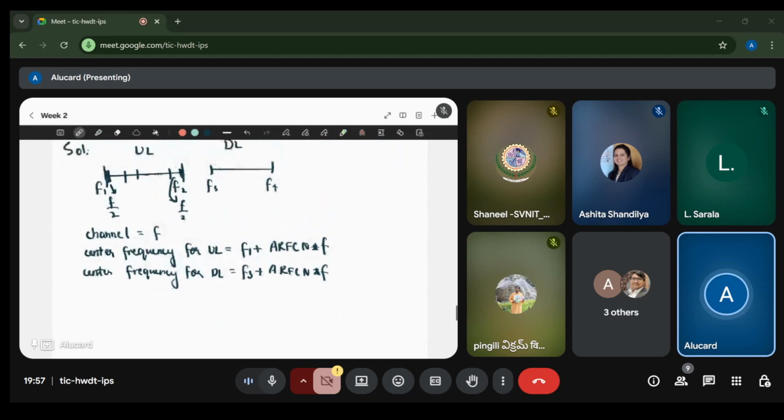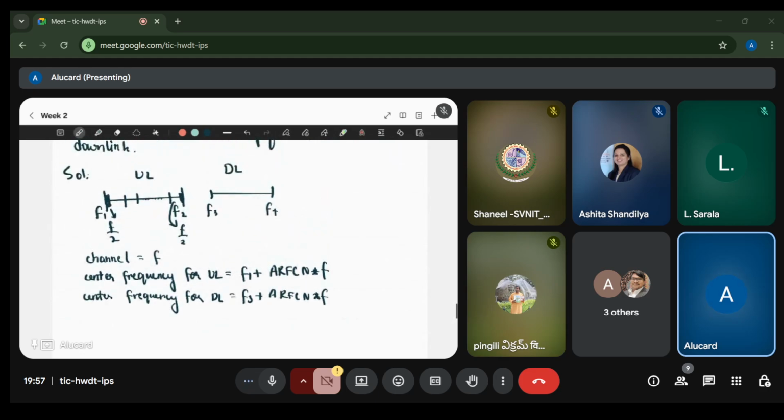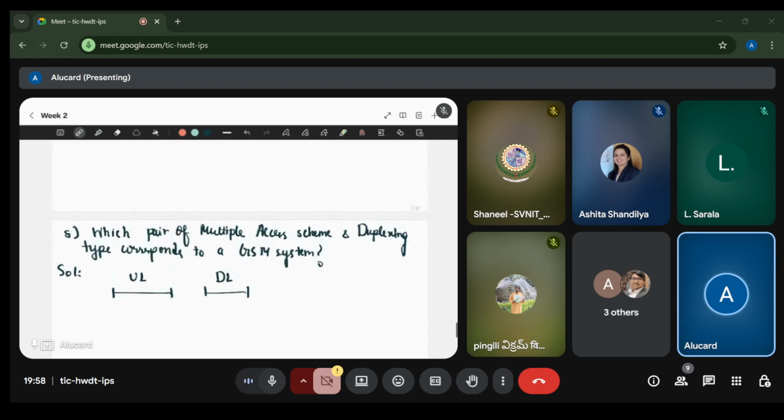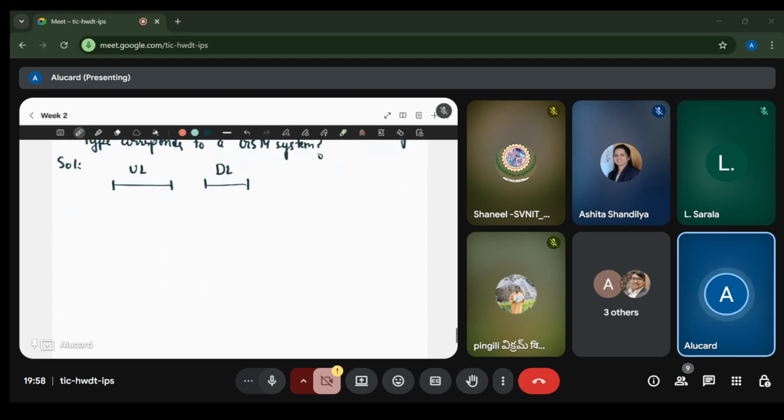So in the previous question, I showed you that the uplink and downlink for GSM has two separate bands, and from that you should be able to recognize what type of duplexing is required and what type of multiple access scheme is required. That is covered in lecture.